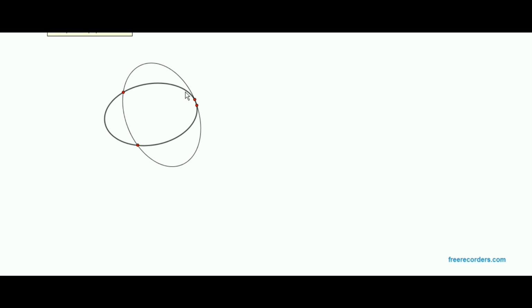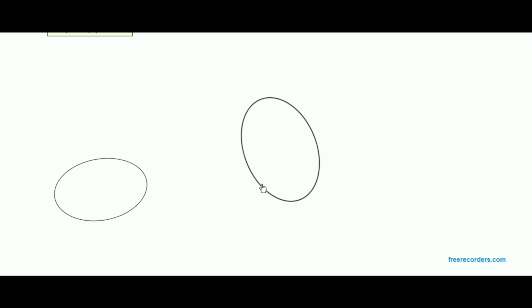So that's possible. But there are also other cases, such as this one here, where these 2 conics have 2 real contact points, but they also have 2 complex contact points. And there's this case here, where these 2 conics have 4 common complex contact points.